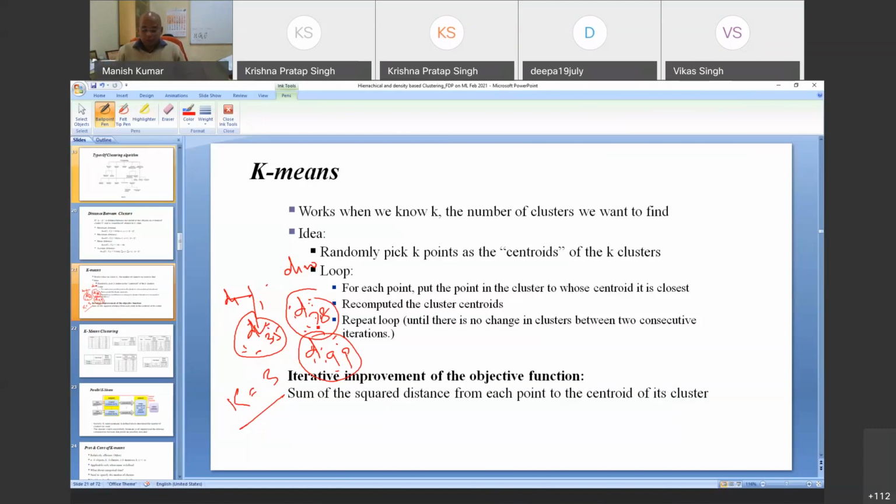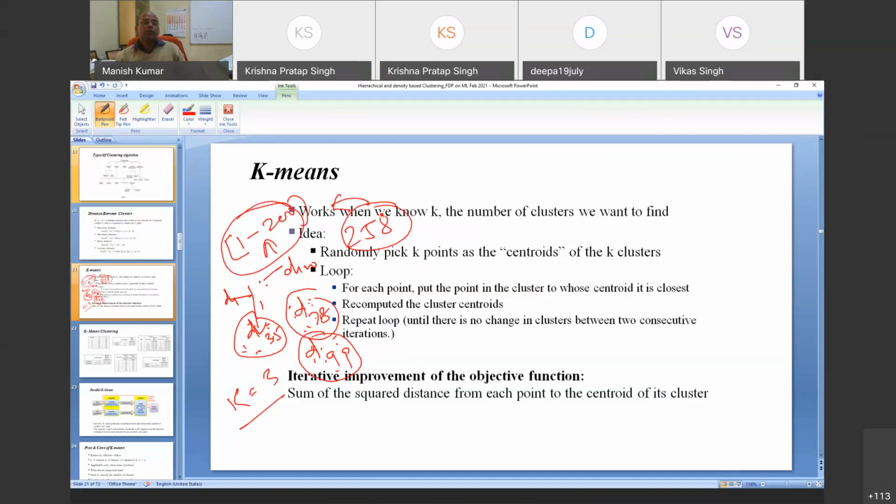Suppose all the points have data between 1 to 200, but there is one point which is 250. The moment this point comes, within this interval the clusters are very much fine.